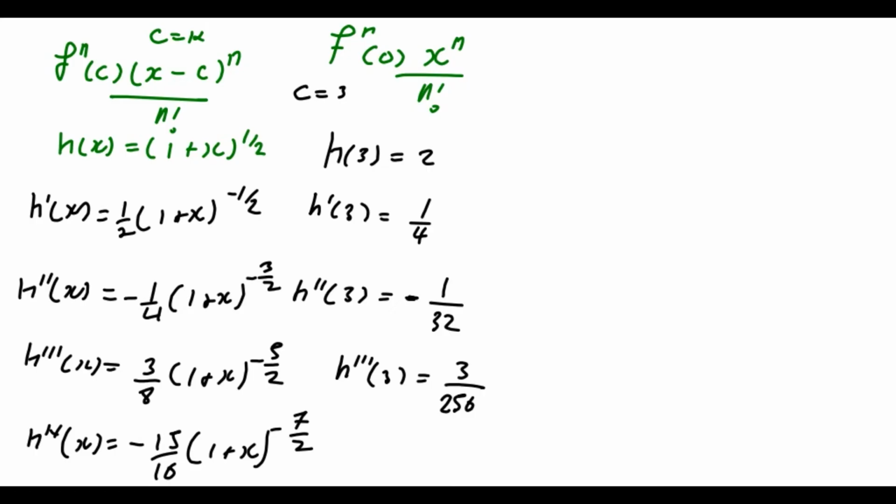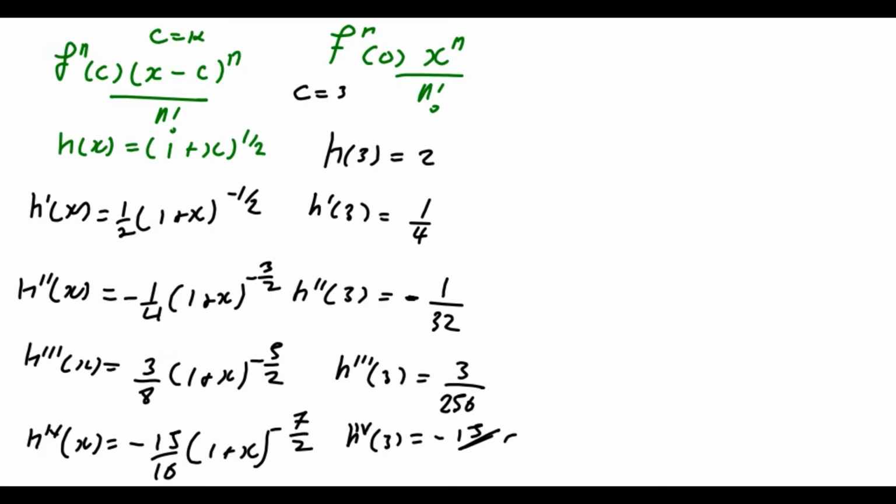Then the other one, we have the fourth derivative of 3, meaning it would be minus 15 over, what happens there, we get 2 to the power 7 multiplied by 16.